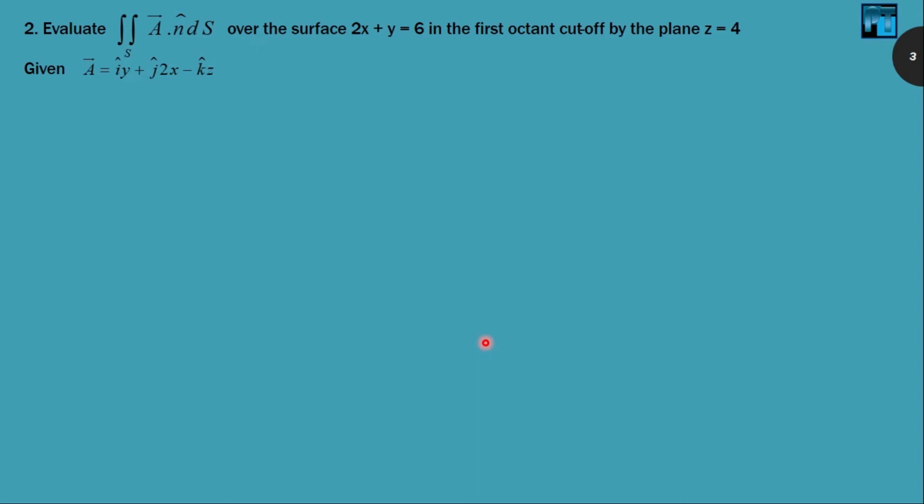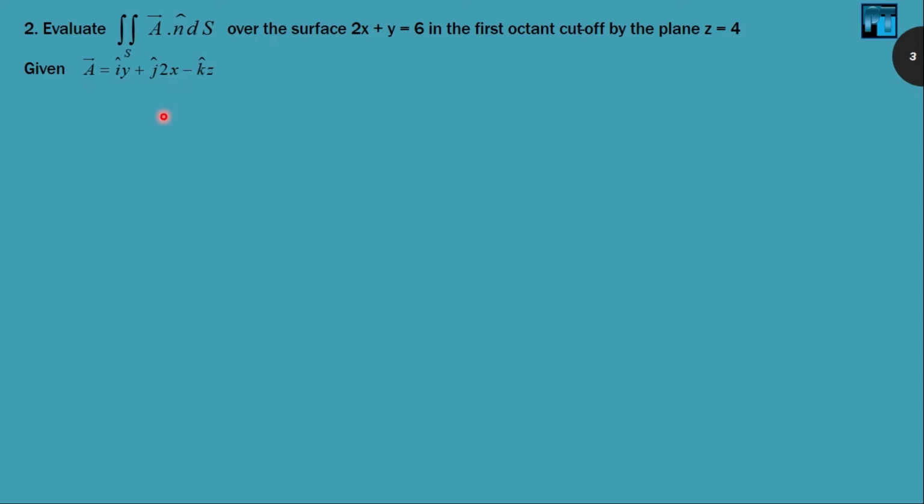Evaluate the surface integral of A dot n cap dS over the surface 2x plus y equal to 6 in the first octant, cut off by the plane z equals to 4. Given A equals to this one.